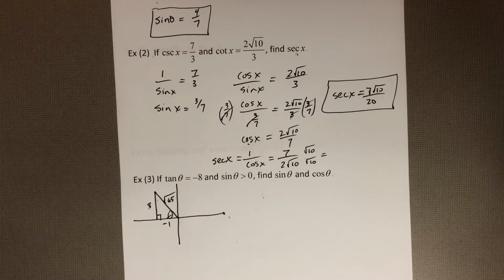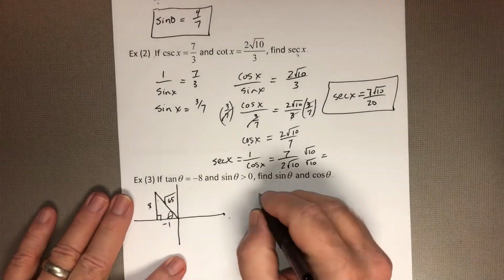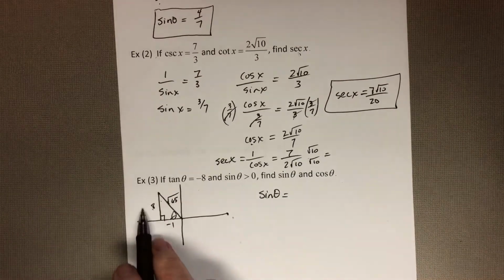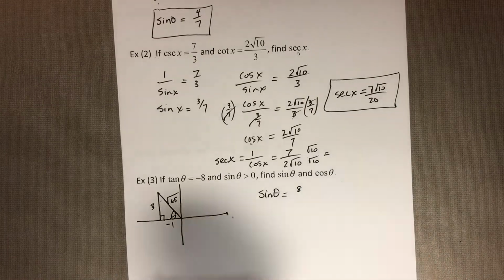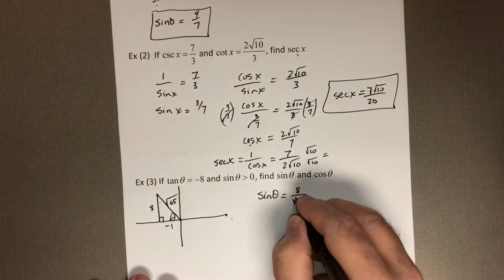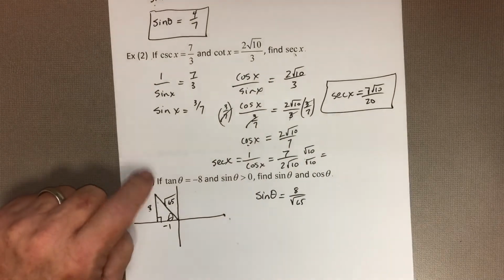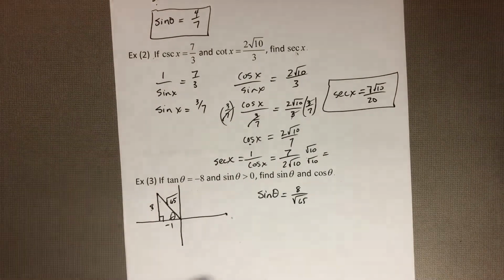Okay, so now what I want next is the sine of theta. So the sine of theta is opposite 8 divided by the hypotenuse, the square root of 65. Now, sine's a y. Is that y coordinate positive over there in that second quadrant? And the answer is yes.